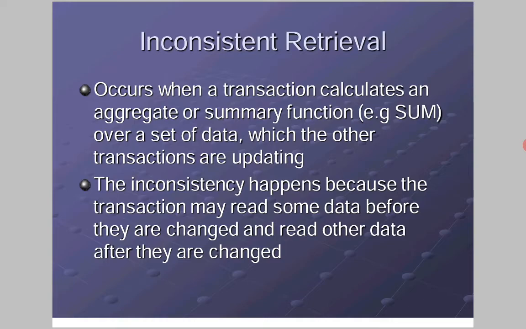Aggregate or group functions are sum, average, minimum, maximum, count. Whenever these aggregate functions are used and concurrency arises, it yields inconsistent retrieval, or wrong results.